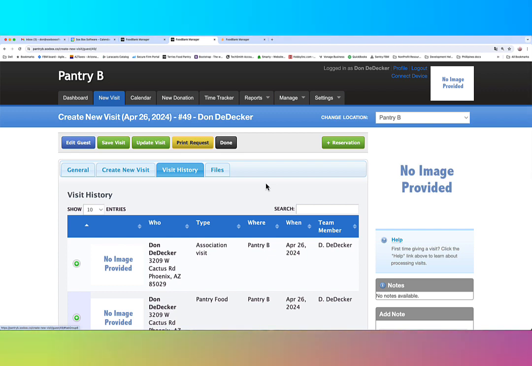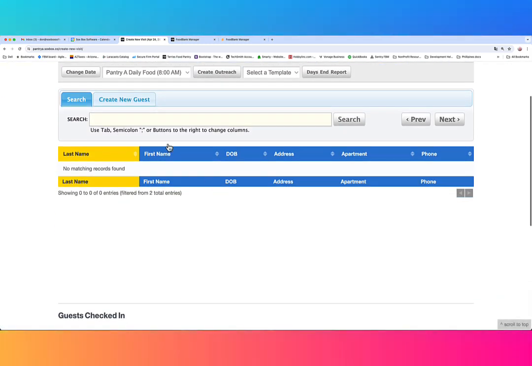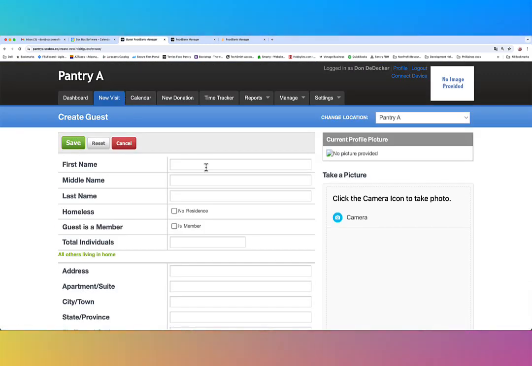But once again, to be sure you understand, you're not sharing data between one or the other. And how it basically works along those lines is this. If someone comes into Pantry A, right, and I go to be done, I say done, and you create a new client. So we'll just call this Pete Jones, right?